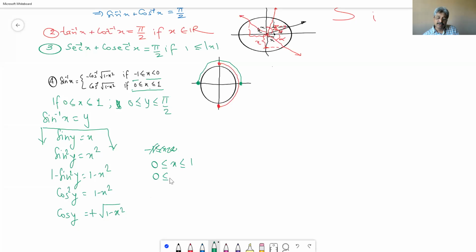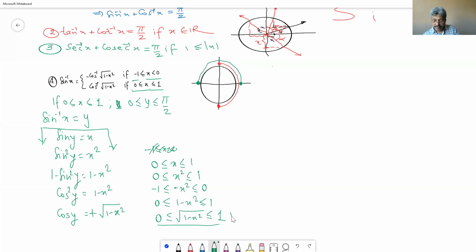Therefore 0 is less than equal to x square is less than equal to 1. Therefore minus 1 is less than equal to minus x square is less than equal to 0. Therefore 0 is less than equal to 1 minus x square is less than equal to 1, and therefore 0 is less than equal to radical 1 minus x square is less than equal to 1.